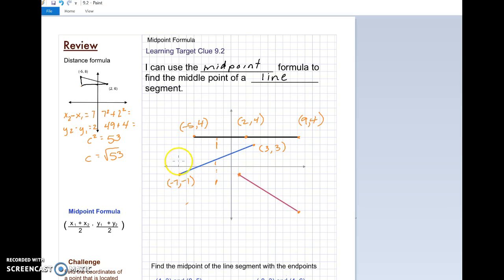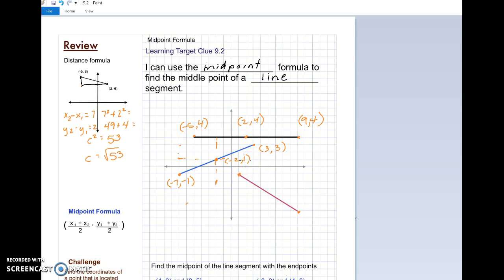We went up 4 places, so if we go up 2, it would be right here. We're looking where these two meet, and it's right there, isn't it? That's the middle, the midpoint of the line segment, which is (-2, 1).